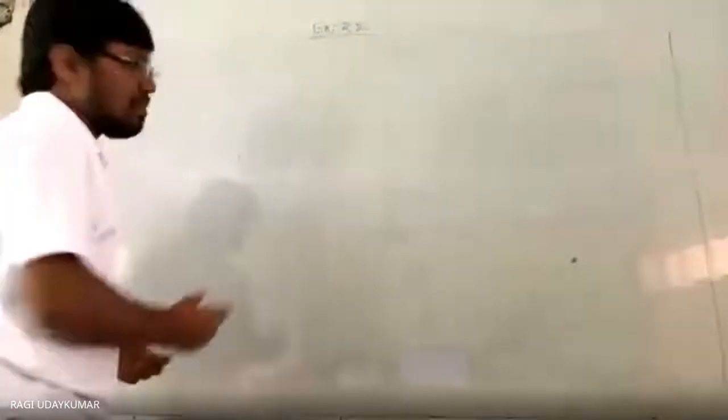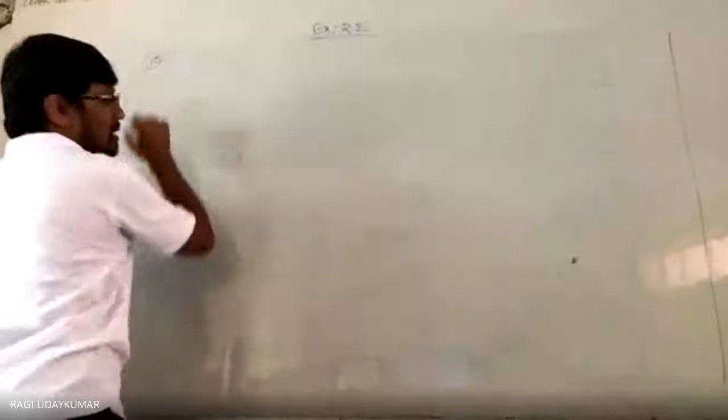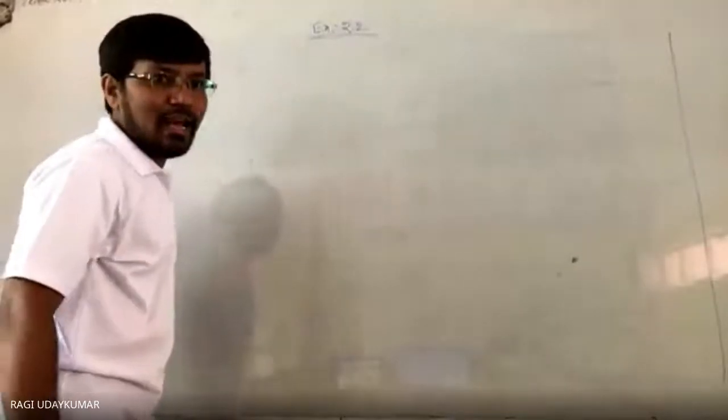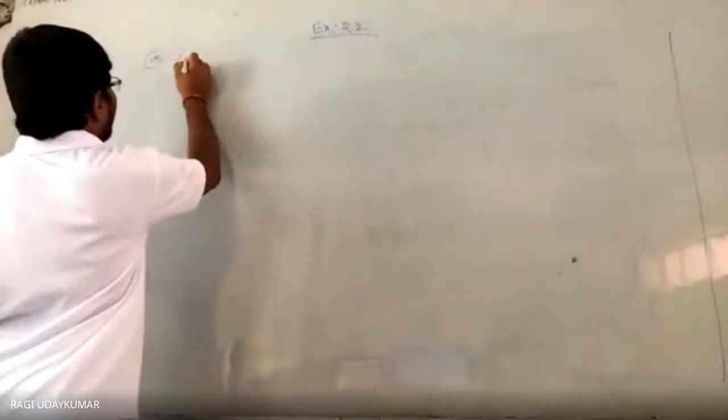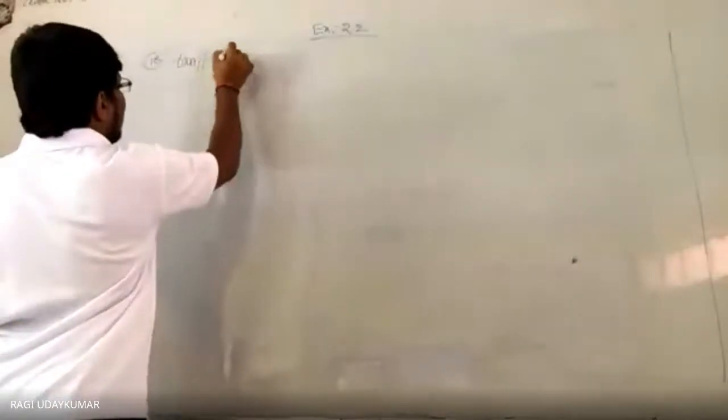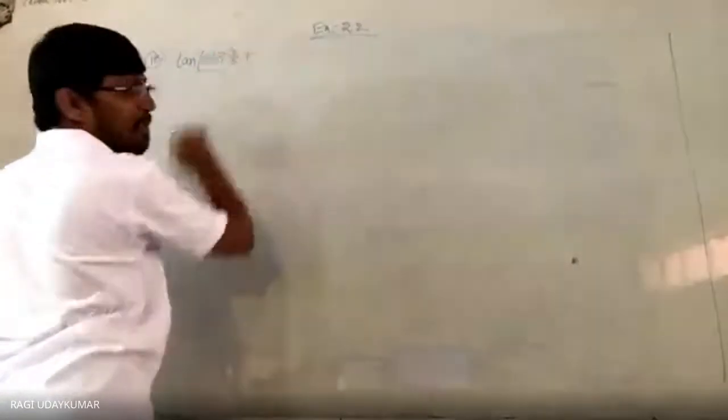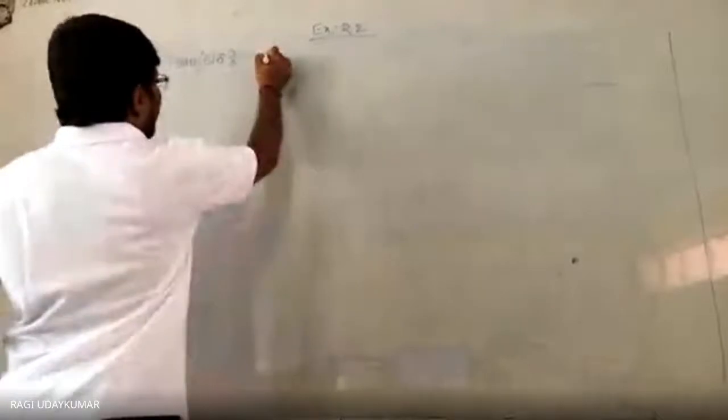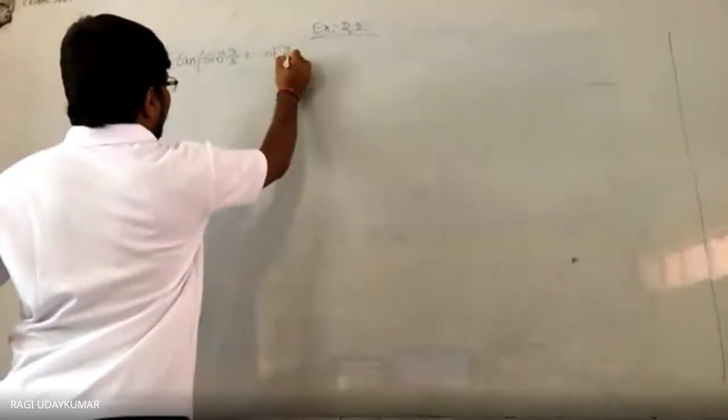It is completely different, and based on this only, so many problems are there in your miscellaneous exercise. The 18th one is given to you: tan of sine inverse 3 by 5 plus cot inverse 3 by 2.